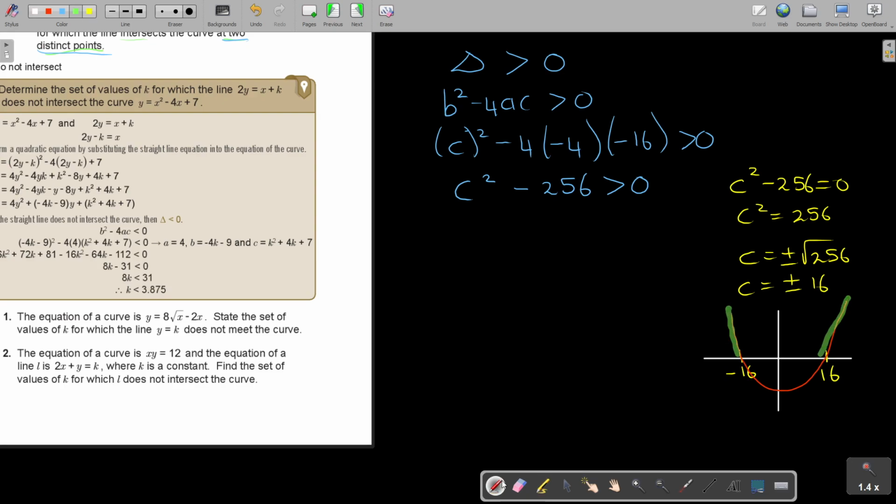And then I'm going to say therefore c is smaller than negative 16, or c is bigger than 16. And that is your final answer. And that was really not so difficult. Okay, so practice, practice, practice, and make sure you get this type of questions correct.